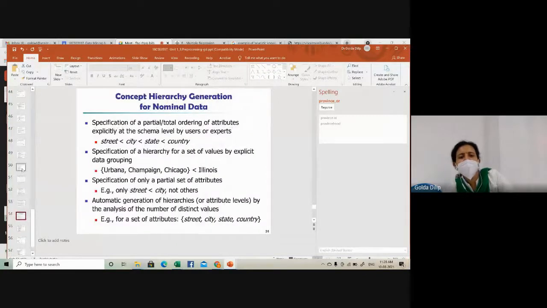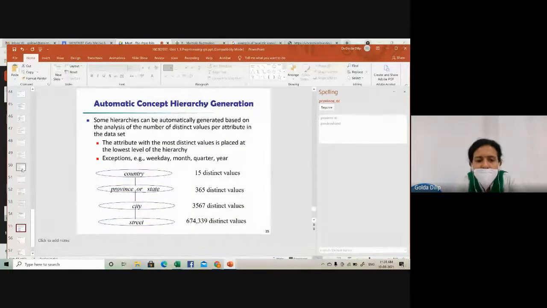Or you can go for automatic generation of hierarchies, or automatic levels, by analysis of the number of distinct values. The attribute with the most distinct values can be at the lowest level of the hierarchy. The street is at the lowest level with these many distinct values.